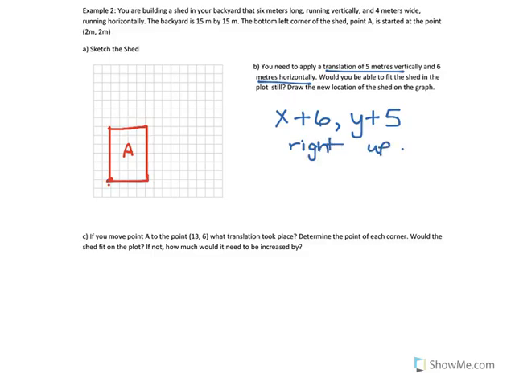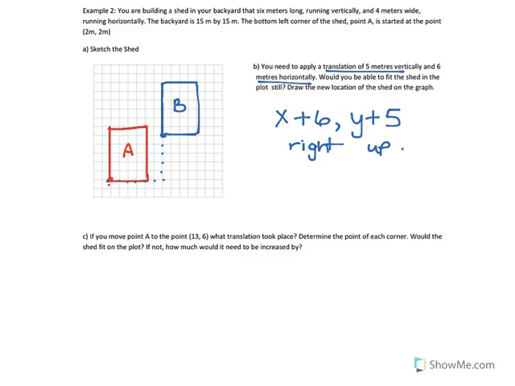So we'll start here, and we're going to go 6 to the right, so 1, 2, 3, 4, 5, 6, and then we're going to go 5 up. 1, 2, 3, 4, 5. So there's our new point. And now we can draw the shed. So 6 meters, 2, 3, 4, 5, 6 by 4 meters. Our shed would in fact fit in the yard. So there's our new location.